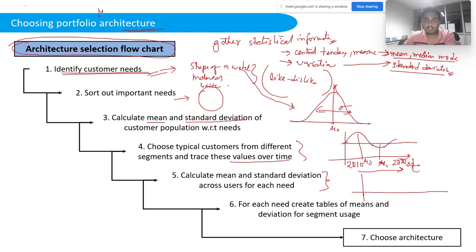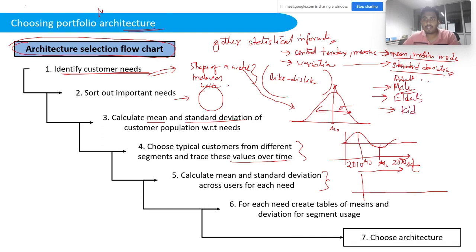For this particular watch, you can have three different customer groups. Probably you are designing for an adult male. You can consider someone like an elderly person. You can consider someone like a kid.